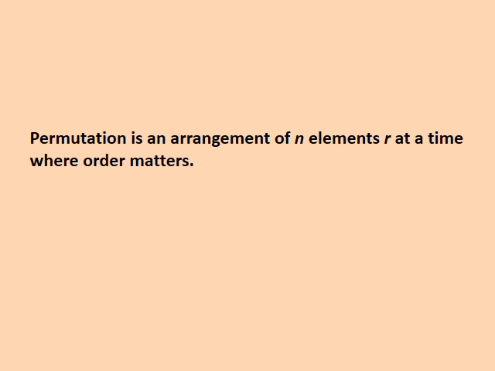What we just did is an example of a permutation. A permutation is an arrangement of n elements r at a time where order matters. Just like we learned with the binomial theorem, where C stands for combination, permutations are represented by a P. So nPr means there are n elements and they're arranged r at a time.